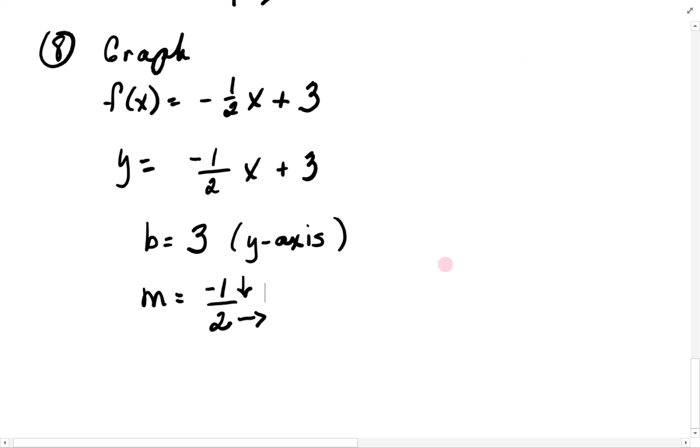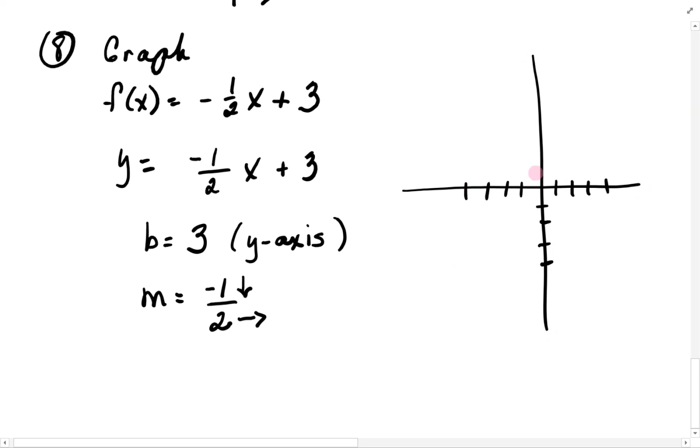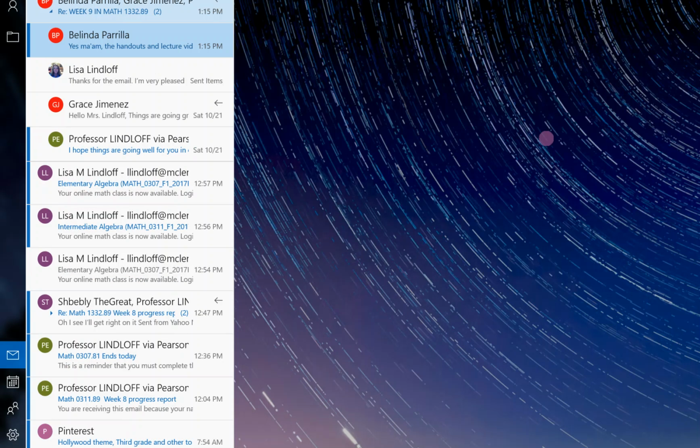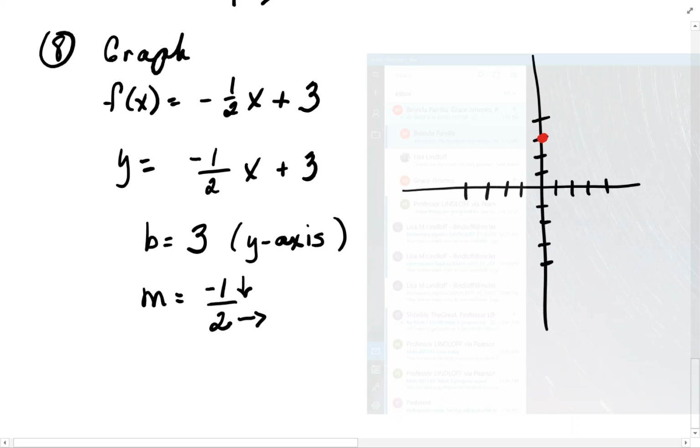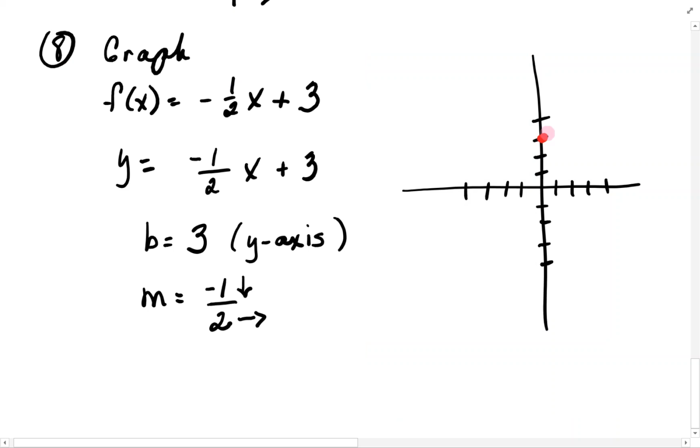All right, here is going to be my rather sloppy graph, but hopefully it gets the point across. All right, I will begin at 3, and it's very important that you remember it is a y-intercept. From that point, I will go down 1, right 2.